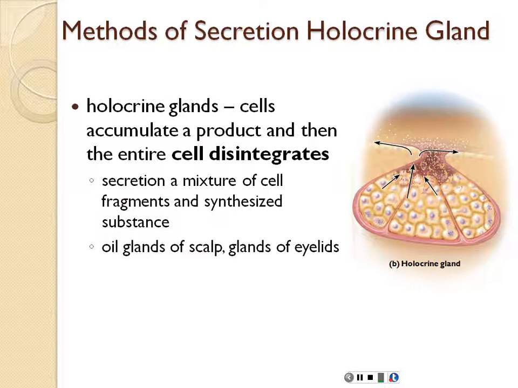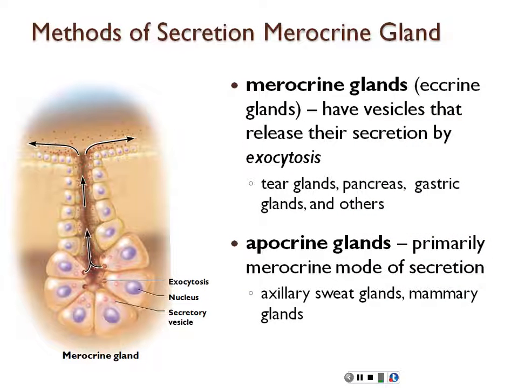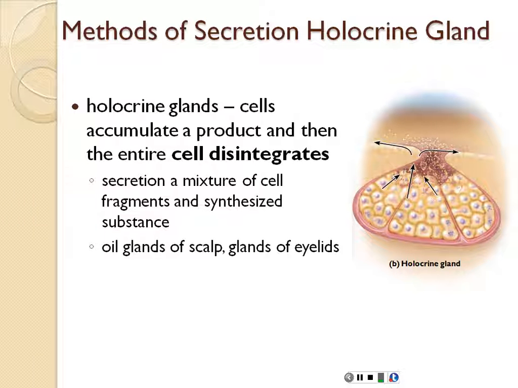Pretty much you can remember because the whole cell is part of the secretion. And how is that different from here? The whole cell is staying intact. The cells are just secreting some substance from the cell, but nothing is happening to the cell. So compare that way of secreting to this way, in which the complete cell breaks down and becomes the secretion. Okay? And it's, for example, in oil glands of the scalp and glands of the eyelids. This is the example.